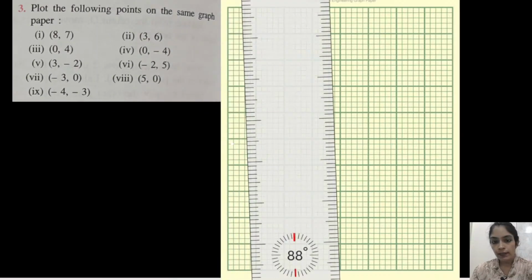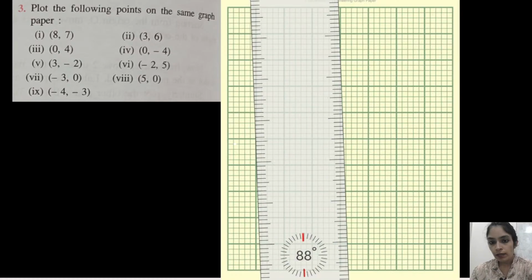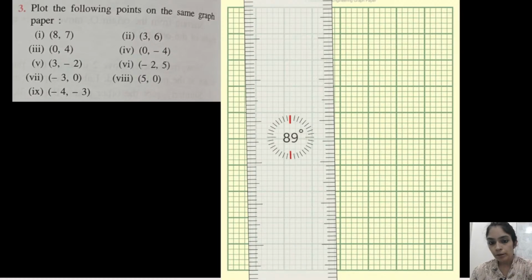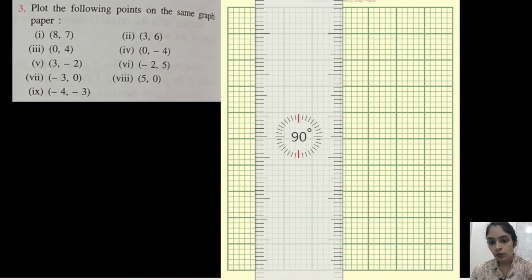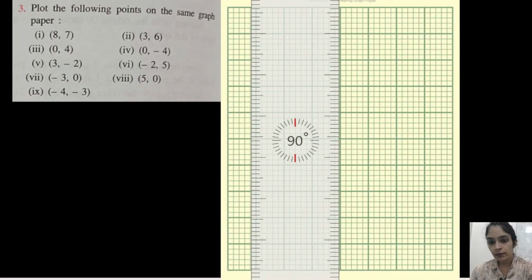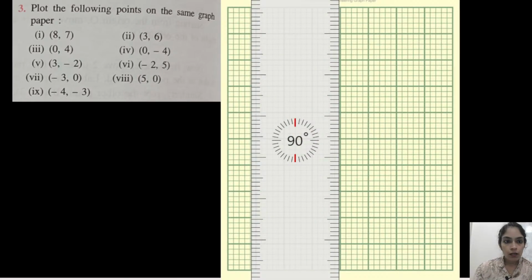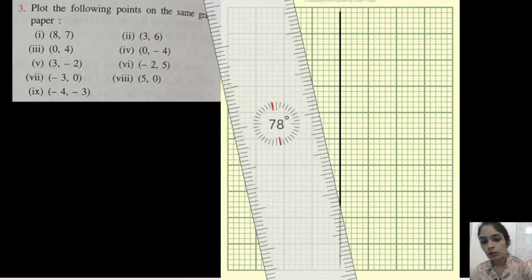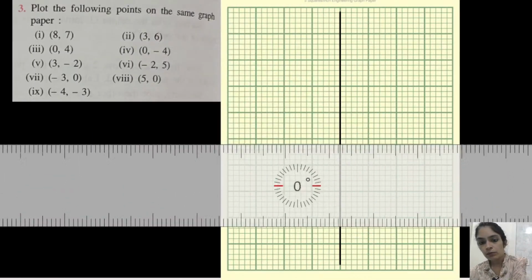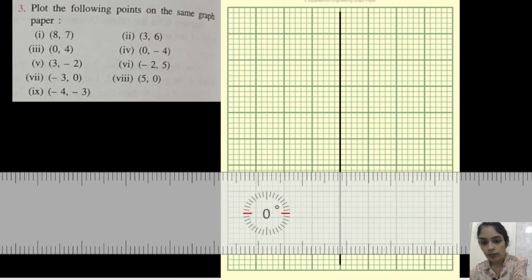So when we are plotting, what will we do? We will draw the Cartesian plane. So I am going to draw like this. At the center you have to draw. You can do along with me. So this line will give us the y-axis and the horizontal line.